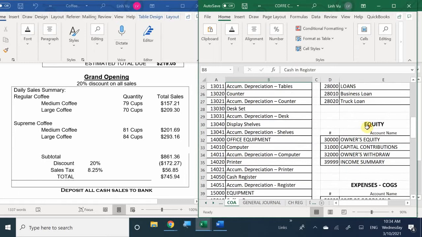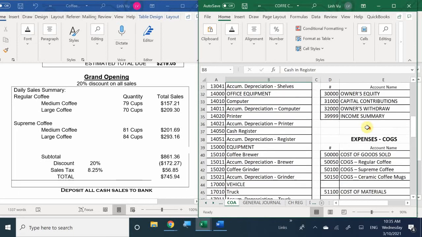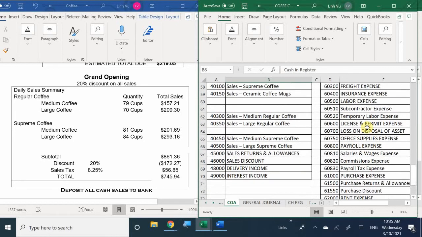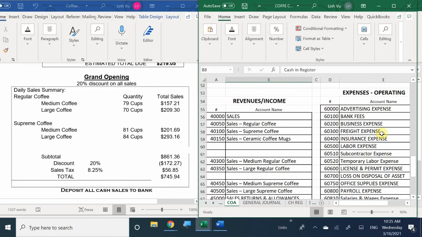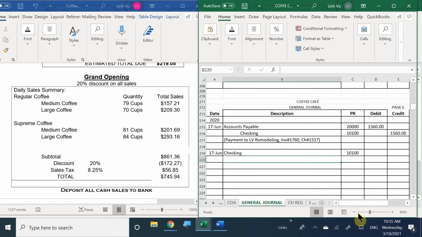So let's go to revenues and check it out. There you go, revenues. 46,000, yes. 46,000 is our sales discount account. So yes, we need to recognize our sales discount.